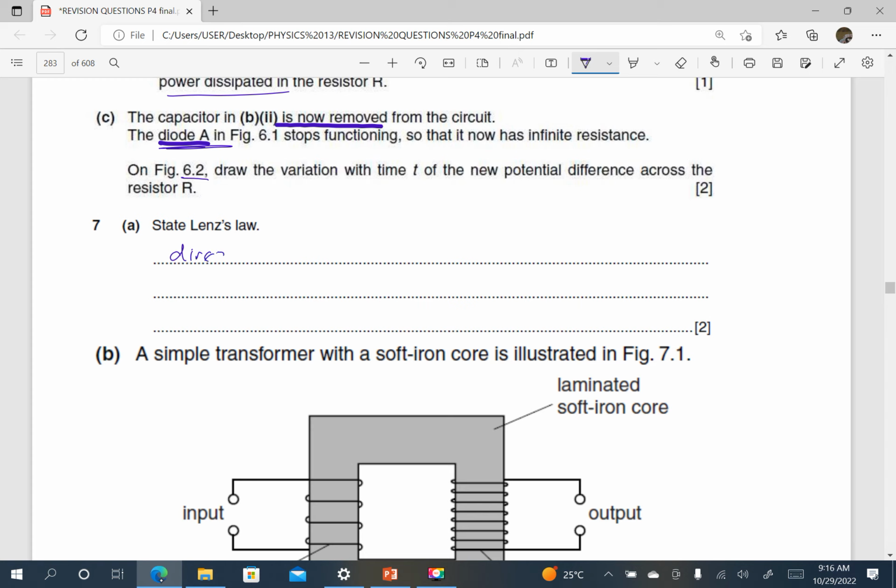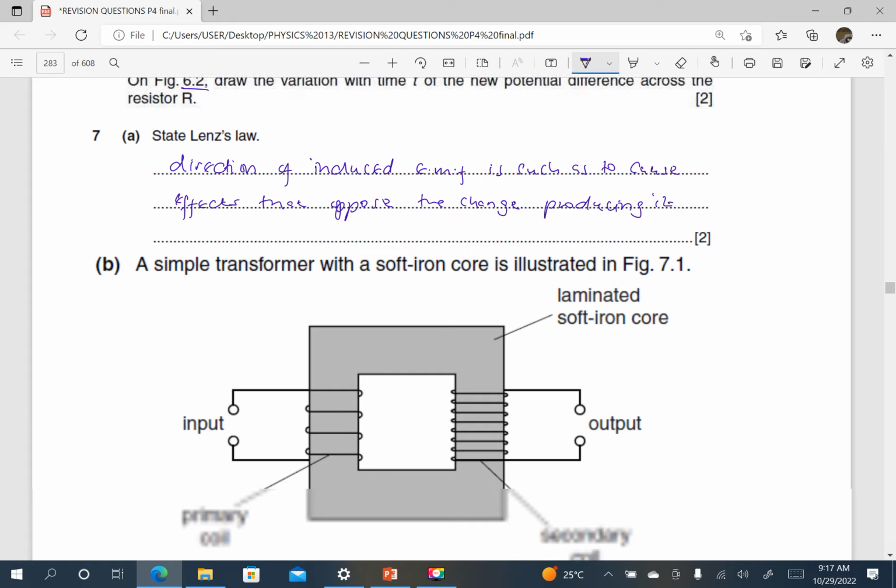So the direction of the induced EMF is such as to cause effects that oppose the change producing it.